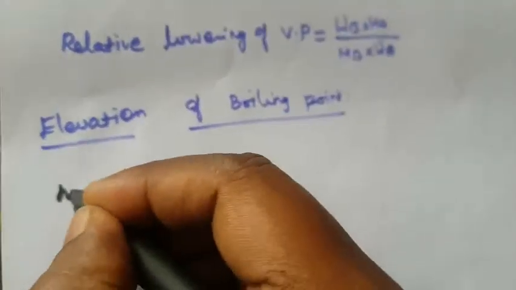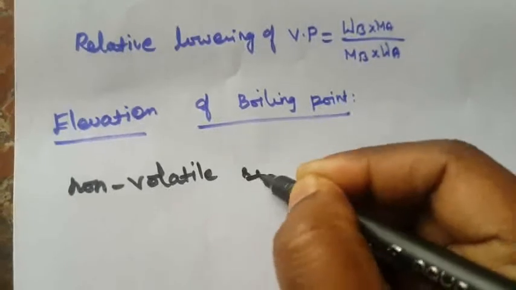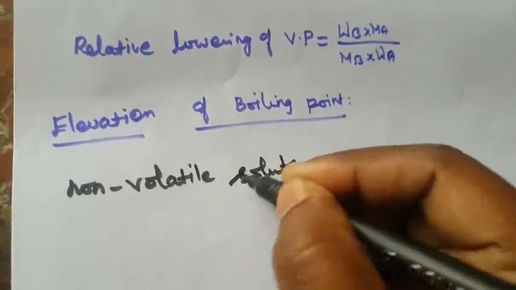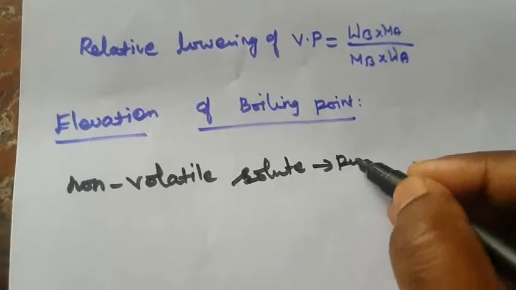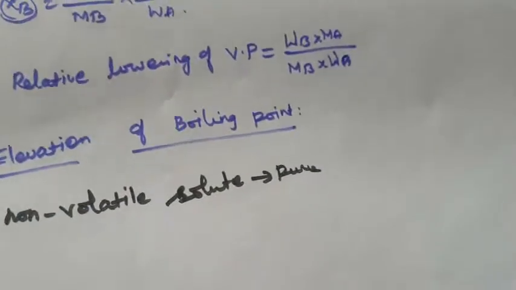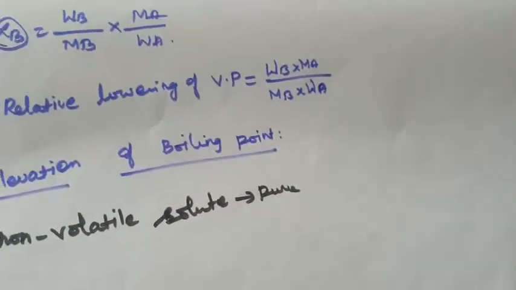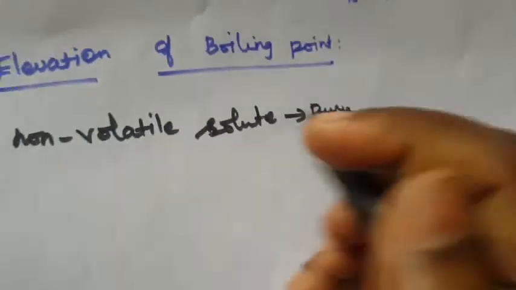Non-volatile solute is added to the pure solvent. In the elevation of boiling point, first we take the pure solvent.